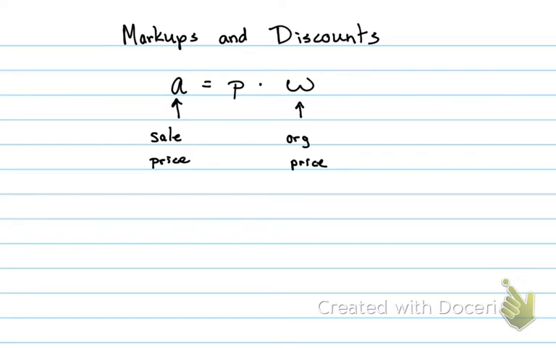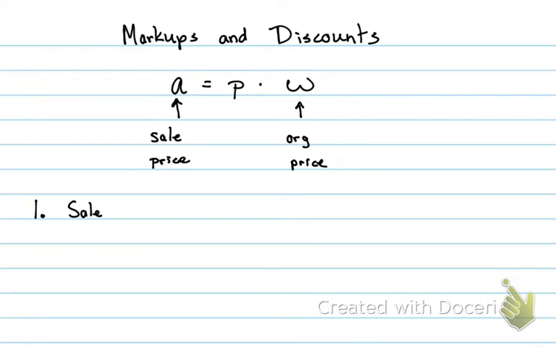You're going to have to listen to these scenarios, and then we're going to set them up. Here's our next problem. Find the sale price of a $50 item after a 20% discount.